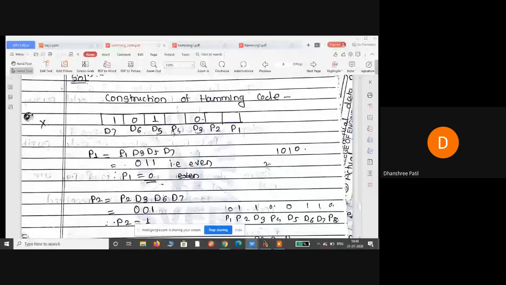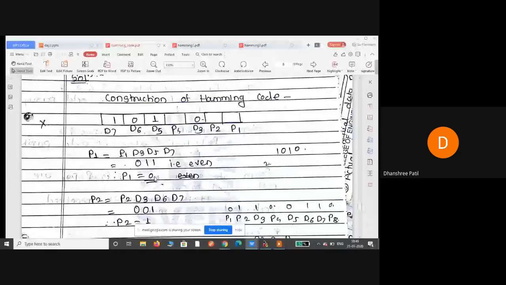D3 is 0, D5 is 1 and D7 is 1. Okay, so 0, 1, 1. How many ones are there? These are the 2 ones. Okay, it means that it is even. And if the count is even, the parity bit is 0. And if the number of ones is odd, then the value of the parity bit is 1.